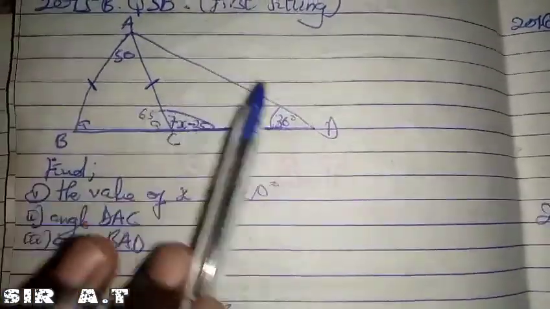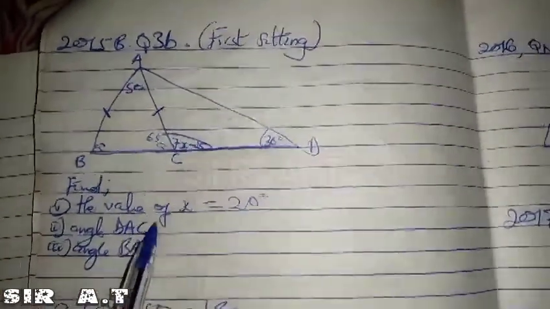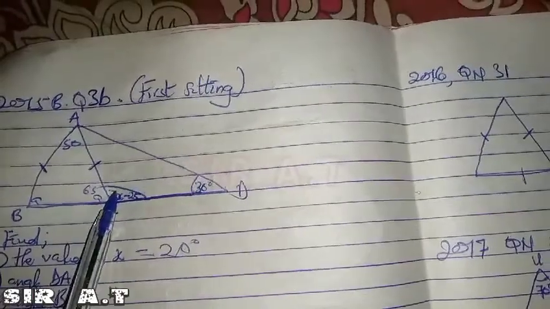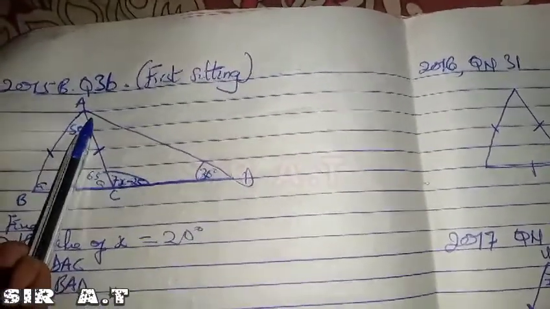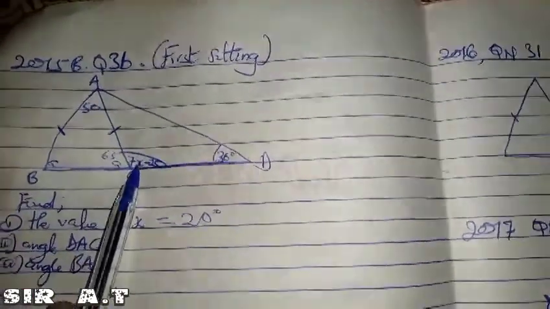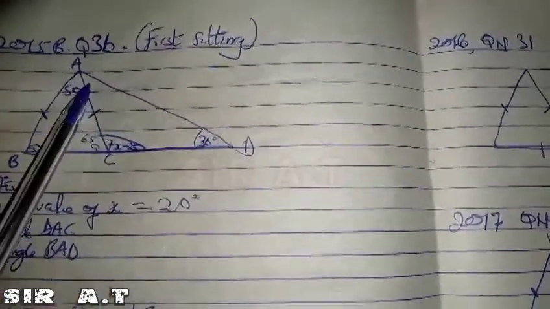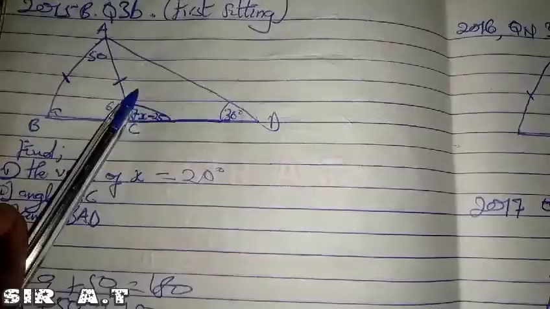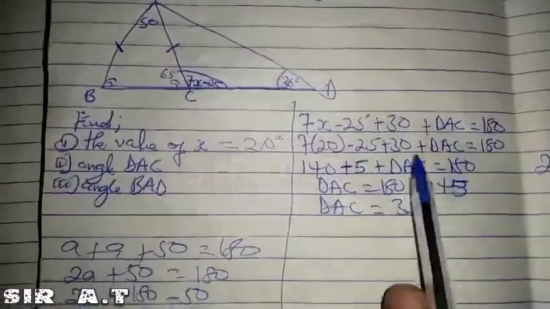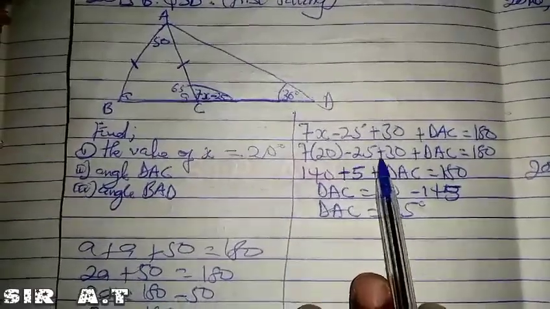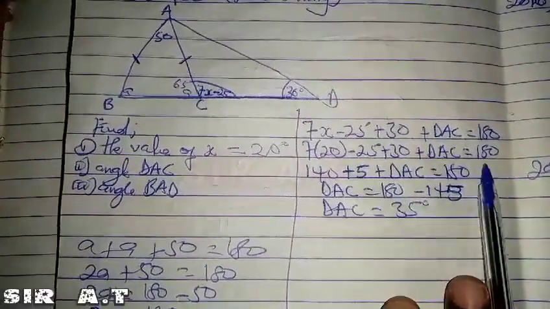Now you are going to find the second one, DAC. You know this, you know that, so you can find here. So we have worked out our x. We put 20 here, and then we put this together, equate it to 180. So this is how you find our DAC. That is 7x, we put 20 there, minus 25 plus 30 plus DAC equals 180.